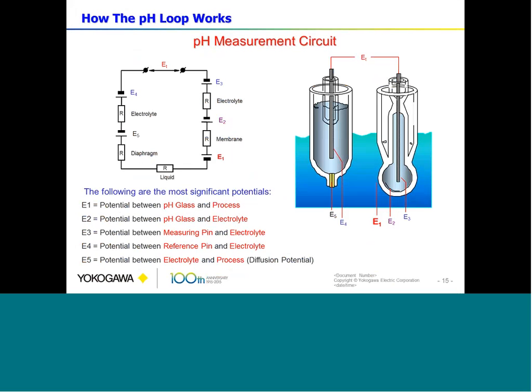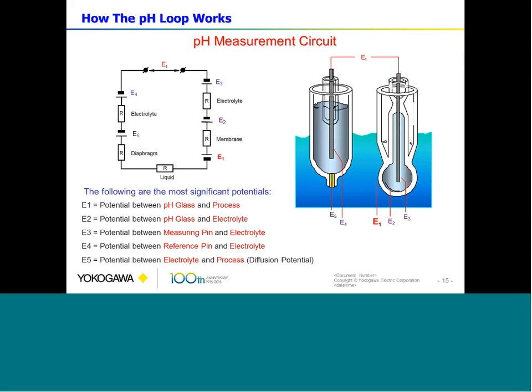The total voltage of the circuit is the algebraic sum of these, and since we use identical silver-silver chloride elements within both the glass electrode and the reference electrode, the E3 and E4 voltage values are equal, but opposite in polarity, so basically they cancel out.